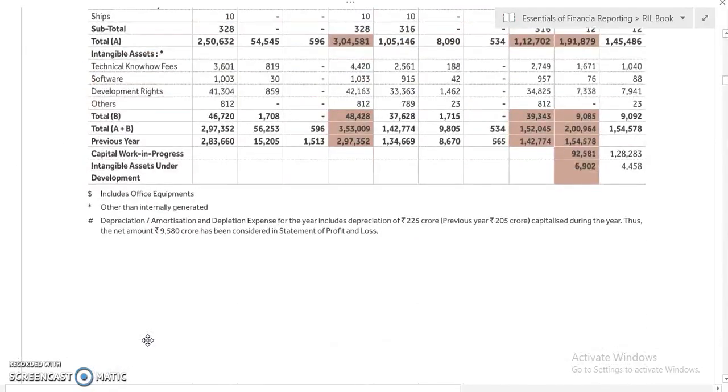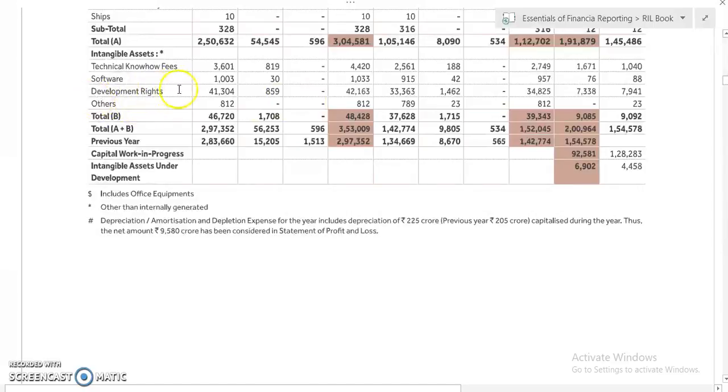Here they have technical know-how fees, meaning they have acquired technical know-how from other companies to run their plants and machinery. They paid $3,000 in the beginning, $800 now, so it has become $4,400, and they are amortizing it based on the number of years they have acquired the fees for.